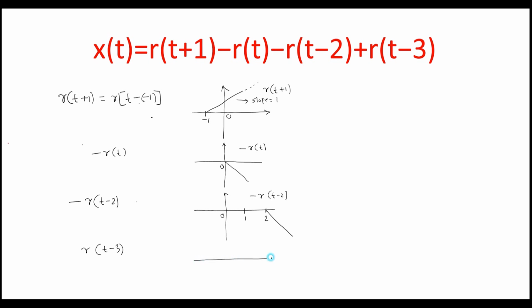It can be represented as, this is 0, say this is 1, say this is 2, say this is 3. So it begins at t equal to 3 and it moves till infinity. So this is r of t minus 3. Now we'll try to add all these ramp signals to get x of t.